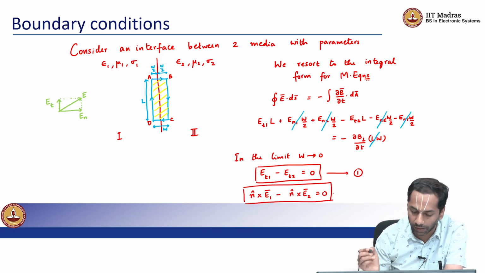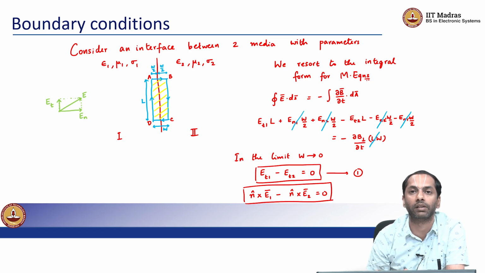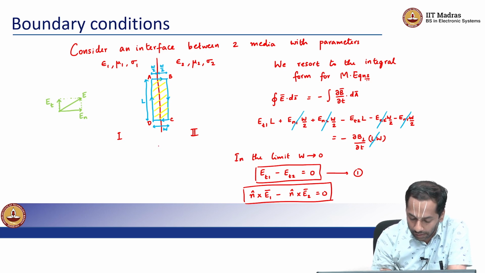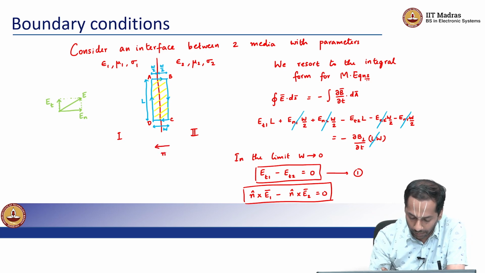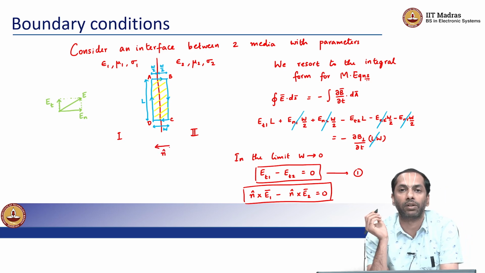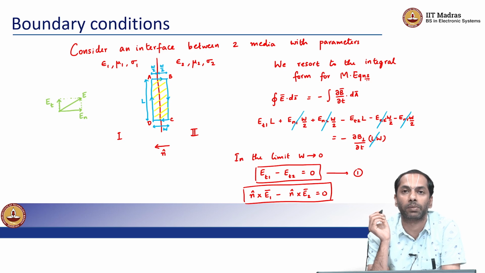Now, I have to define what n is. This is the convention that we are going to use for all the boundary conditions. n is a unit vector, its magnitude is 1 and the direction is perpendicular to the interface, pointing from region 2 to region 1.